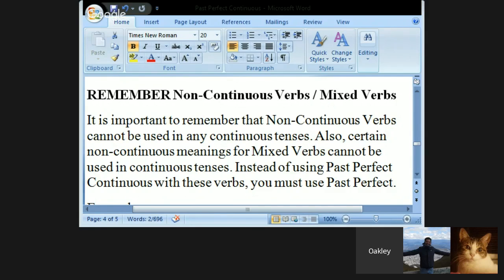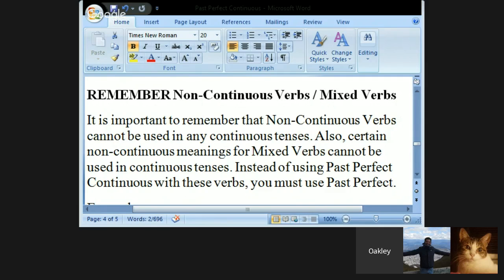So when we're talking about the state of things, and that can mean its very existence, it can also be used for emotional things like I like chocolate ice cream. I can't say I am liking chocolate ice cream. Like, hate, adore, these kinds of verbs.